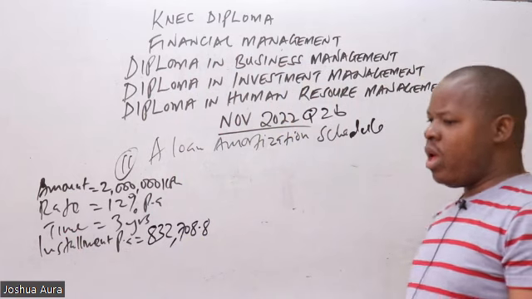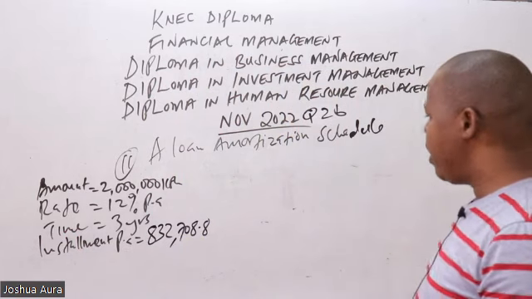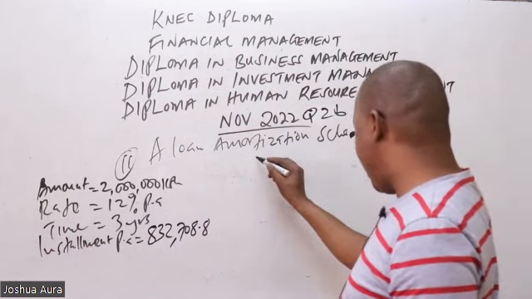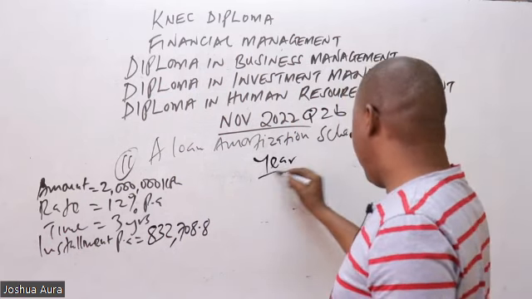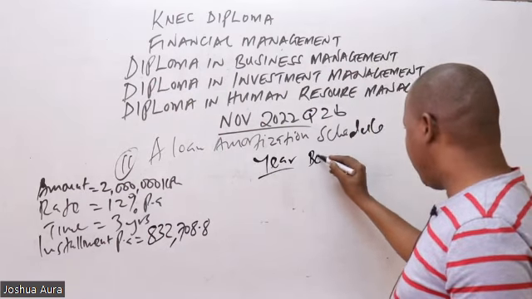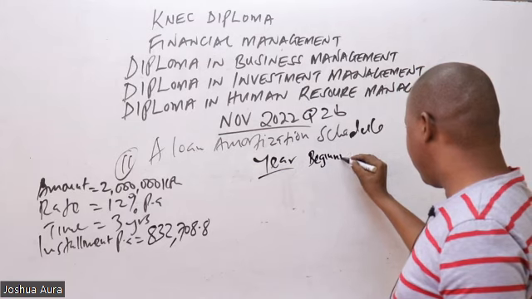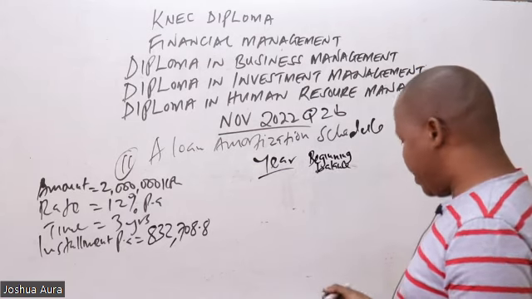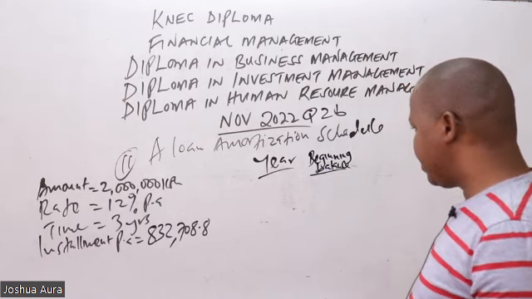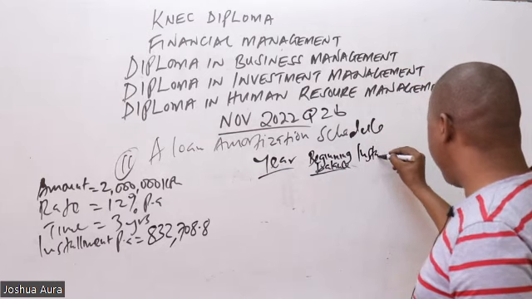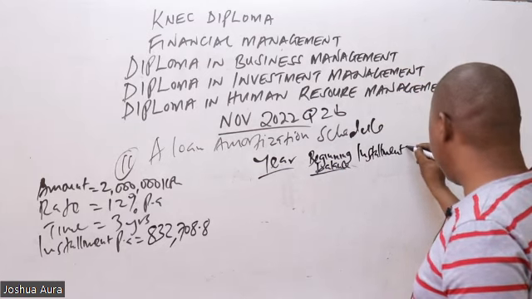So when we want to come up with the loan amortization schedule, we will start with the year. Then you will write the beginning balance. Then you'll come up with the installment here.